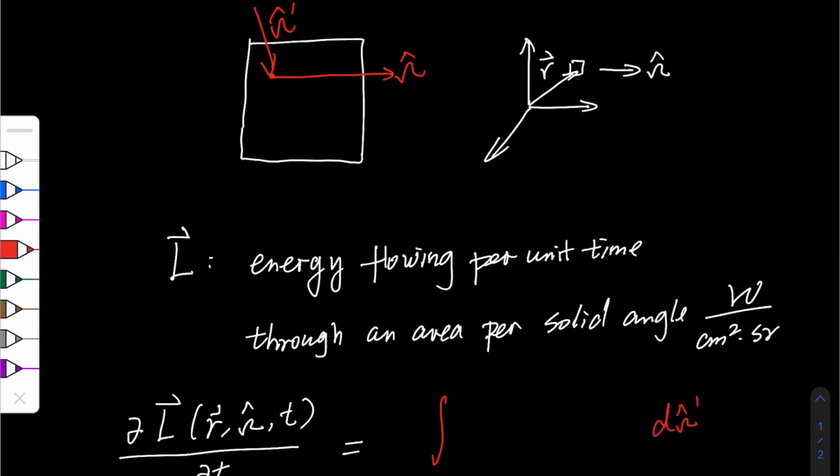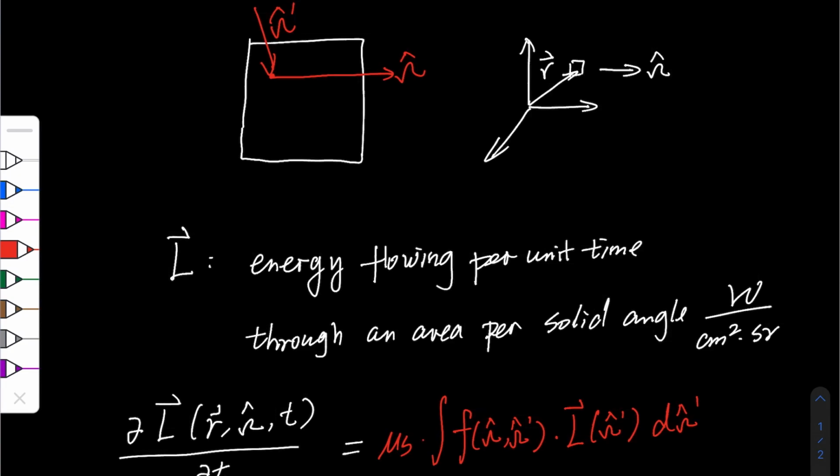But not all the photons will be scattered into the direction of omega hat, so here we need a function f, which represents the statistical probability of how likely they are scattered into direction omega hat, times the energy we have coming in the direction of omega hat prime. Then we multiply by mu s, which is the scattering coefficient.